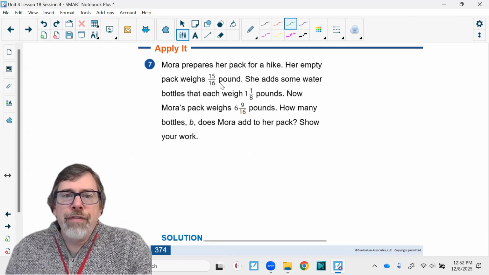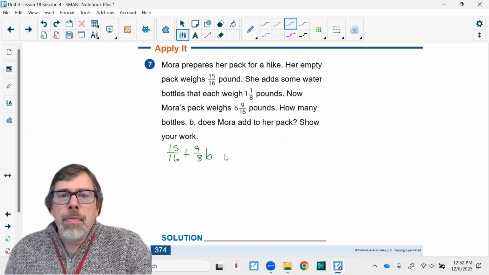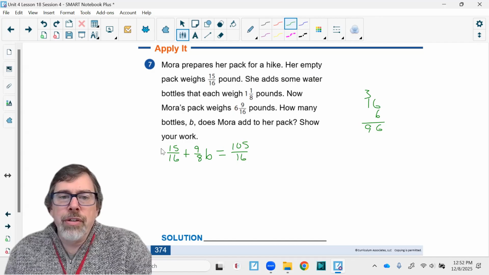So here we have 15 over 16 plus 1 1/8, which is 9/8 B equals 16 times 6 is 96, plus 9 is 105 over 16. I just wanted to make these all improper first.